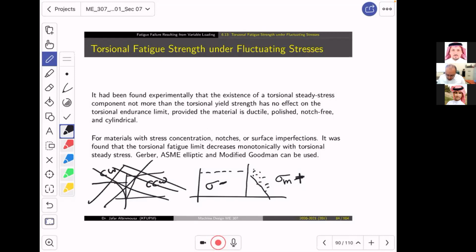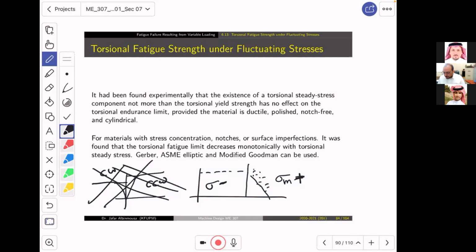And not only this, I'm going to read with you the first paragraph. It has been found experimentally that the presence of a torsional steady stress component, not more than the torsional yield strength, has no effect on the torsional endurance limit. What does this mean?